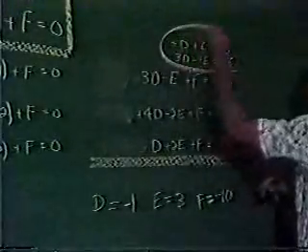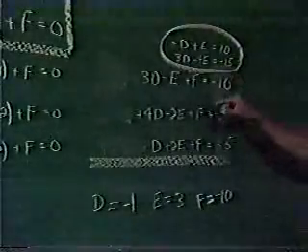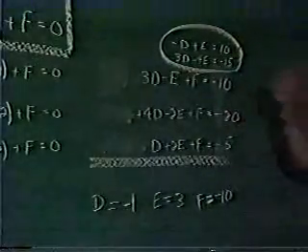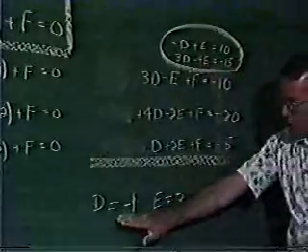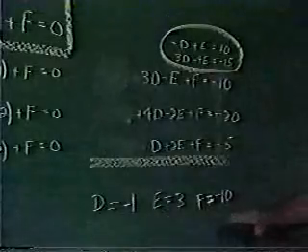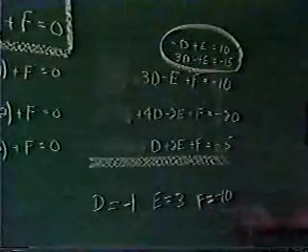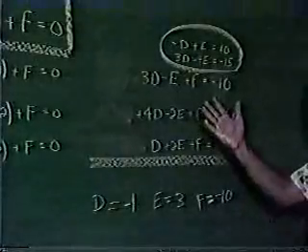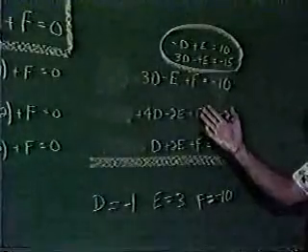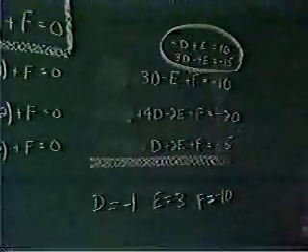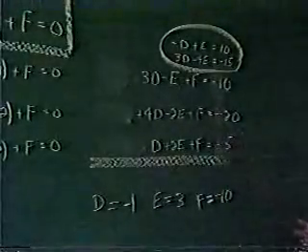And you have now 2 equations with 2 unknowns. Solve for d and e. Solving that, you get d equals minus 1, e equals 3, and f equals minus 10. If you don't know how to do that, then you need to go check out the tape on systems of equations, third order. Find out how to do that, or come by and see the instructor.